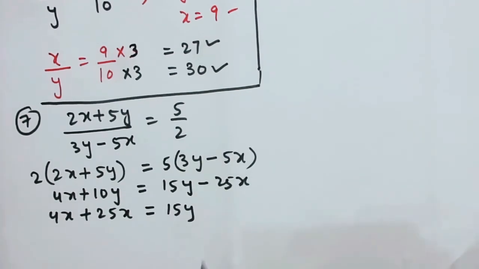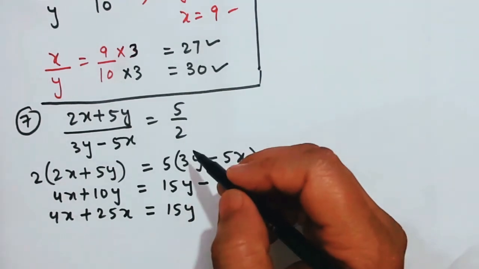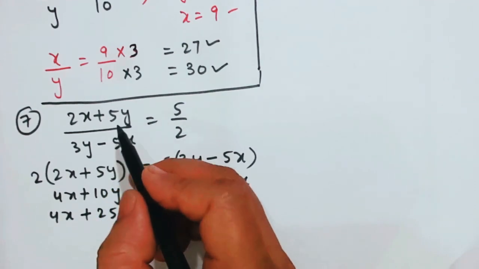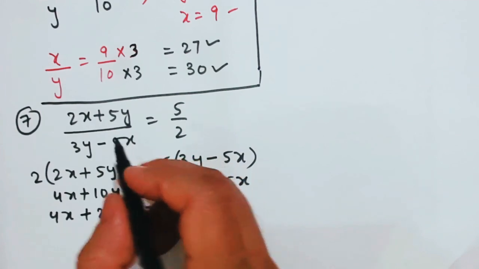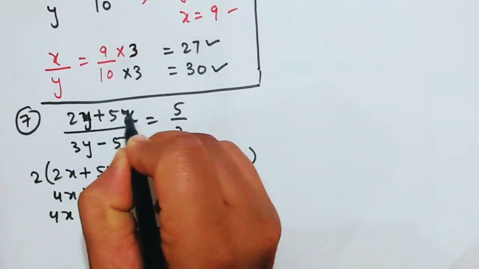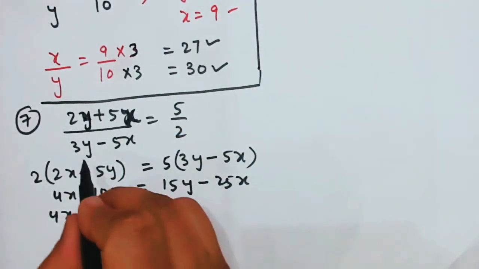Let me check if I have 5 by 2. Oh my god, I have multiplied it wrongly. I have to buy one spect. 2y plus 5x, sorry, and 3y minus 5x.